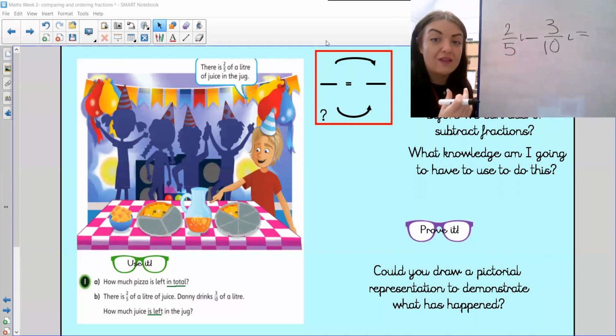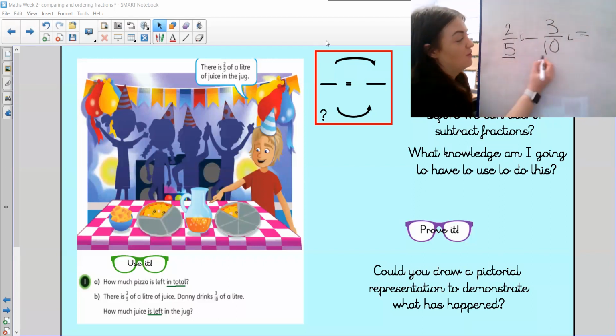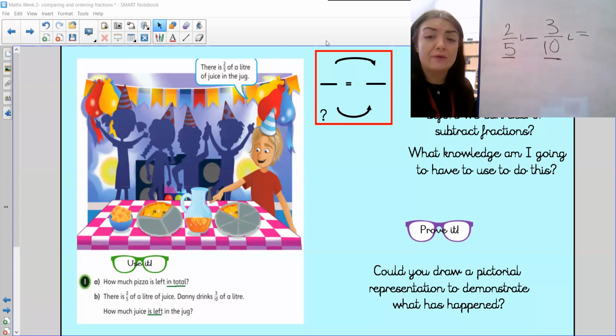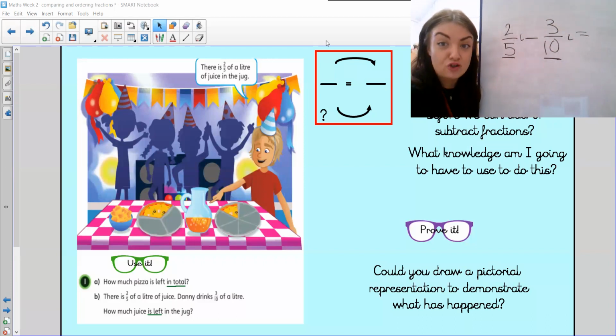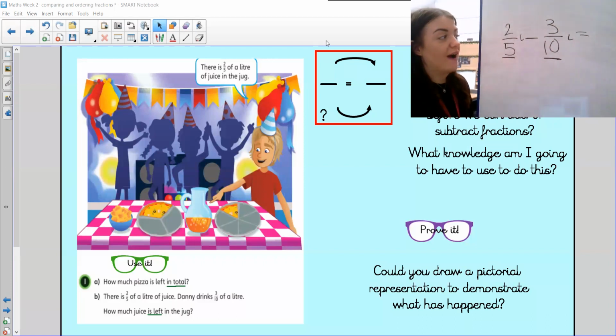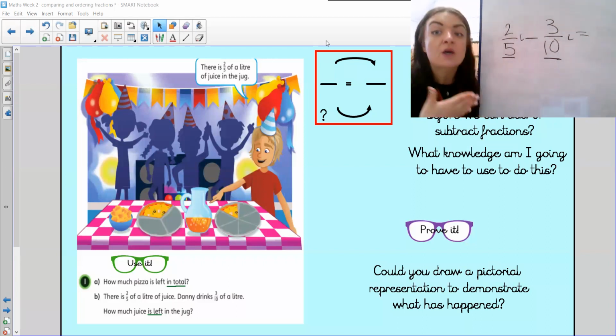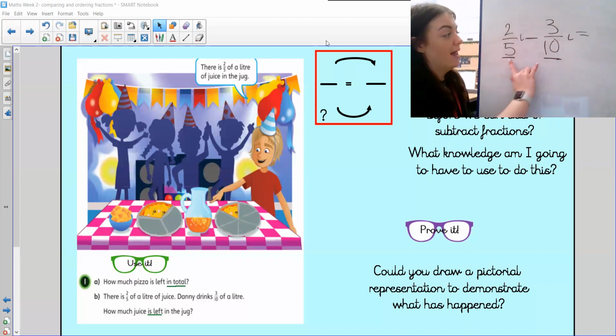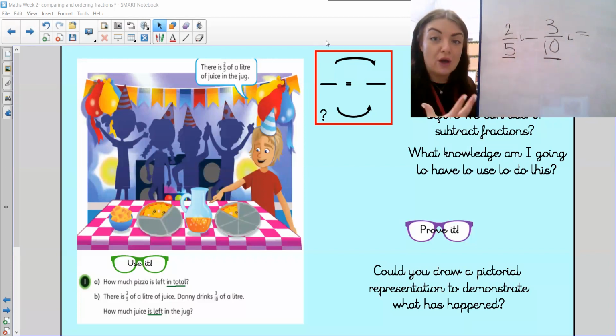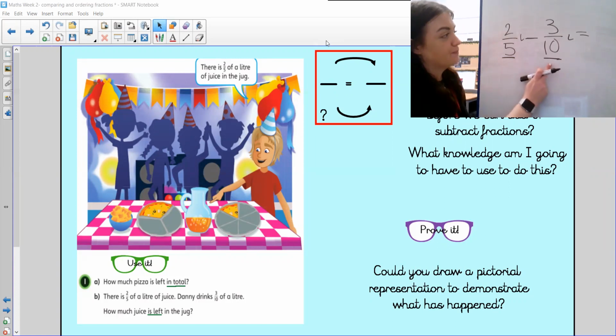But again, I've got that same problem as I had before. My denominators are different. So it's going to be really, really tricky for me to do anything with those fractions because they have not got the same denominator. So I'm going to find a common denominator. Now, I can see straight away that 5 and 10 have got a relationship. So I'm going to use that knowledge to help me.